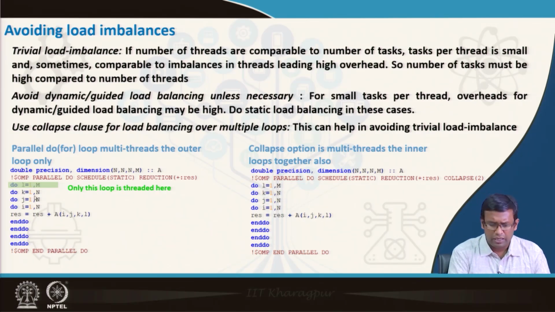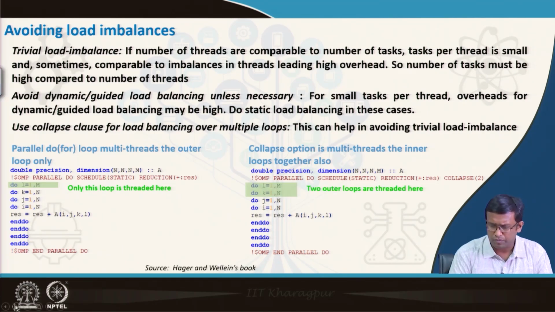So, collapse can do threading over the first two outer loops, and this can sometimes give you less overhead because it can avoid the trivial load imbalance problems.